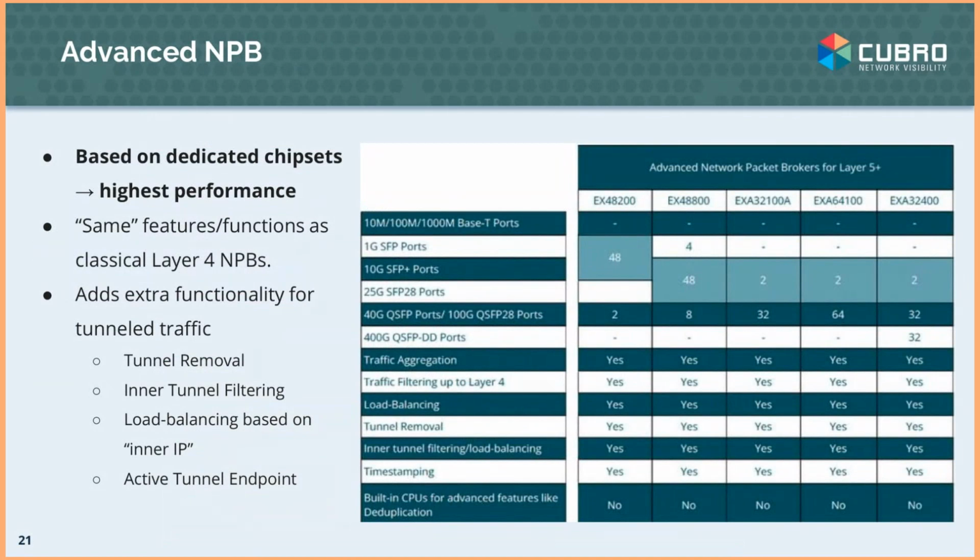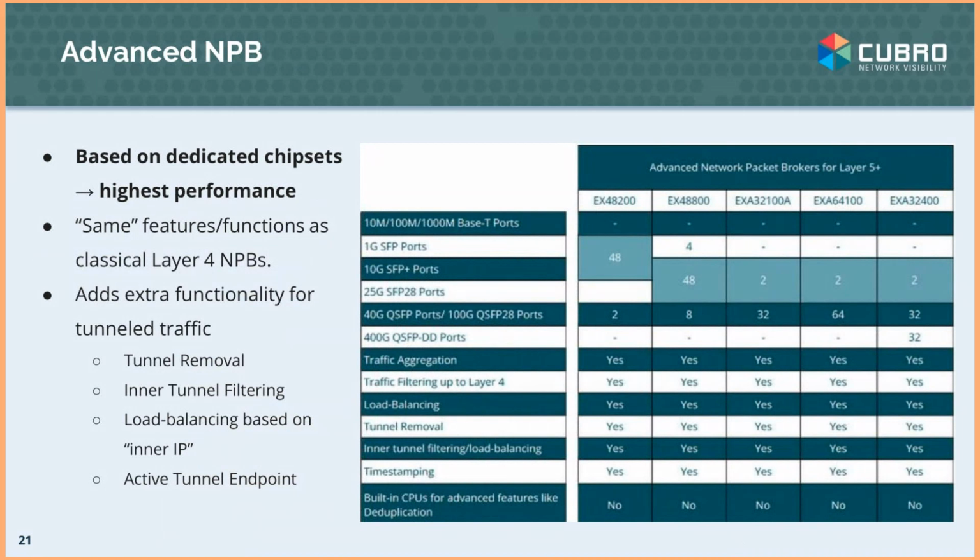And again, when you come back to this slide with all the products, it's the same as with the classical one. Yes, we have different products, and what differs is the interface speed. There are products for 400 gig already. We have 32, 200, 400 gig, and of course there are others. Basically, on these products we have dedicated chipsets with very high or the highest available performance.